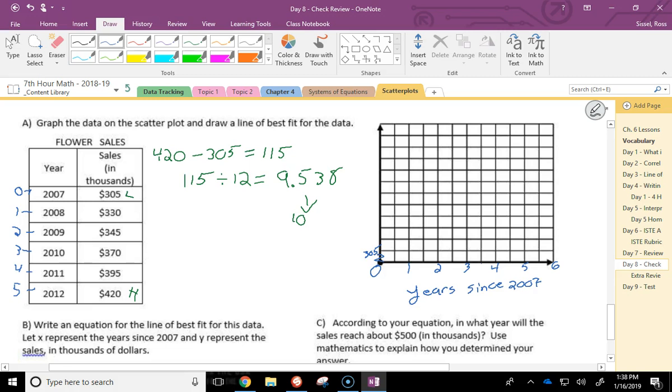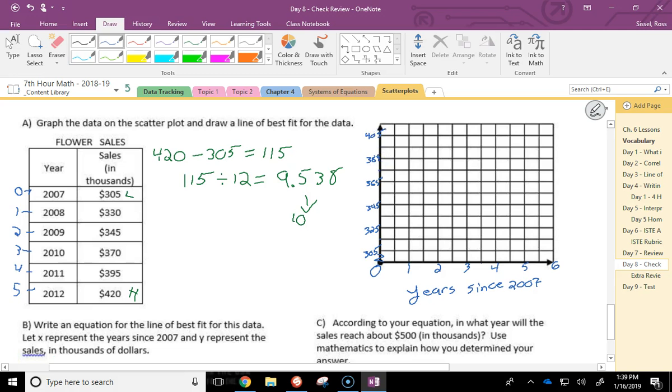Now I'm going to count my tens. Me personally, I don't like writing the number on each line. I just feel like it gets too close. Some people like it because it's easier for them to look at it and see the numbers already. I don't. So what I do is, this is 305, 315, 325, 335, 345, 355, 365, 375, 385, 395, 405.